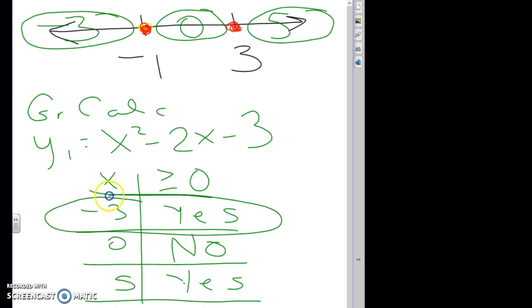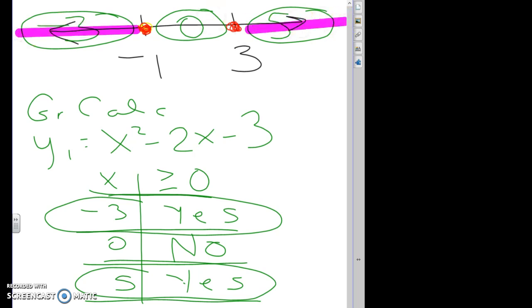Okay, so these two sections are where my answers lie. So let's see. This section, this section.